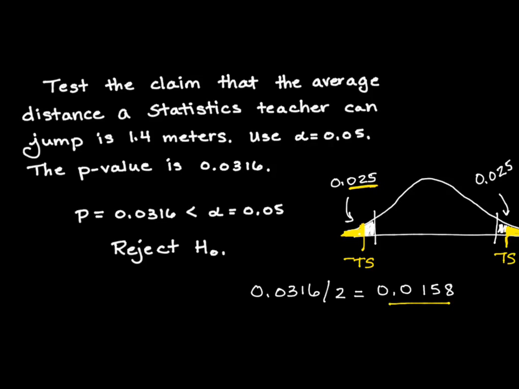So you can see that drawing the diagram is less helpful in this particular case. It's a lot easier to literally just look at, is p less than alpha? Yes, then we reject the null hypothesis. If p had been greater than alpha, then we would not reject the null hypothesis. And so I don't have to go through all of that drawing of a diagram there.